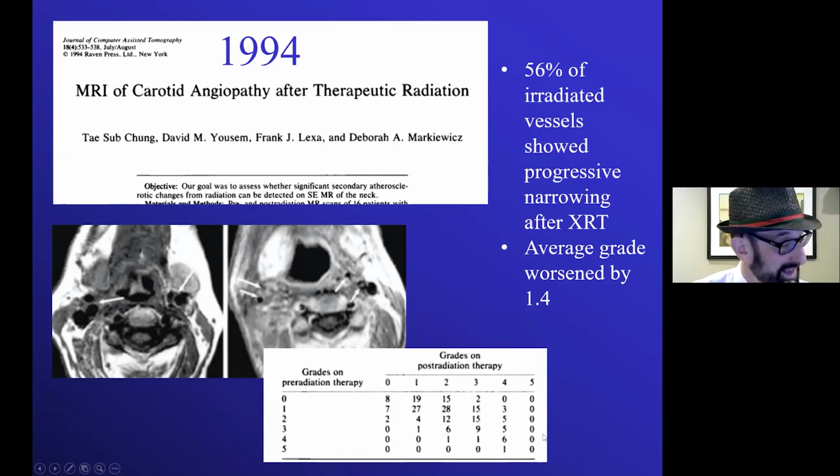And so there was this upgrade in the degree of atherosclerotic narrowing or vascular narrowing in the neck in 56% of the vessels that were within the radiation portal. And the average grade upgrade was 1.4, from like 1 to effectively 2.4, from 3 going up to the 5 or 4 range. So you see that here.